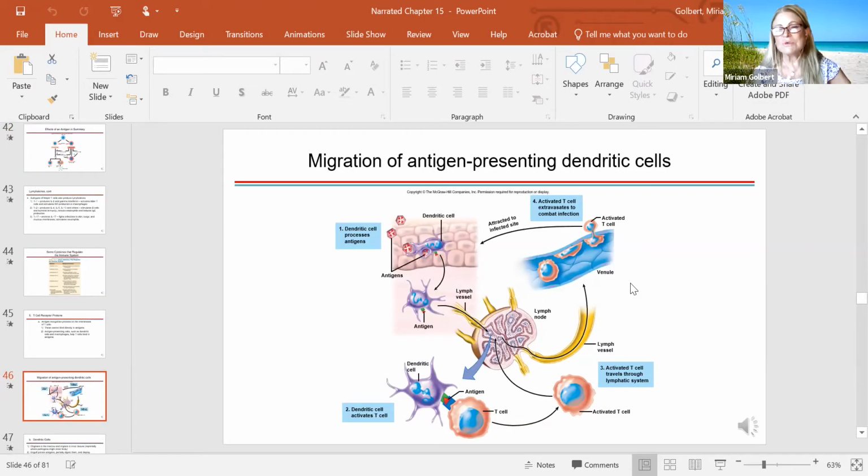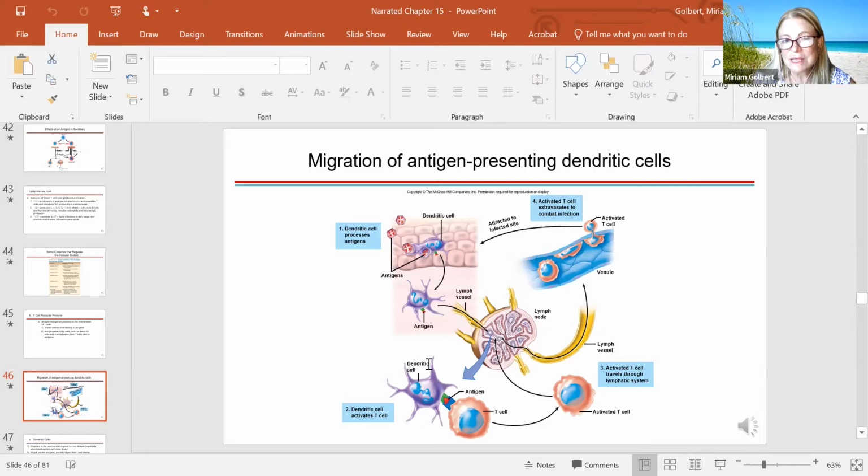So what are antigen presenting cells? Antigen presenting cells are cells that are going to detect an antigen, like you see here, and they are going to take it inside, and they're going to present the antigen on the surface of the cell. So this is an infected cell.